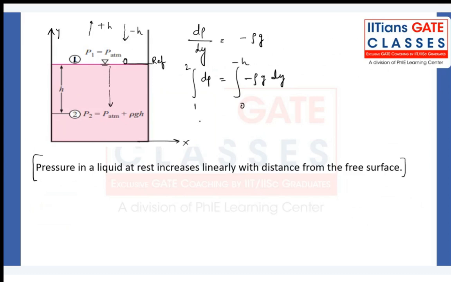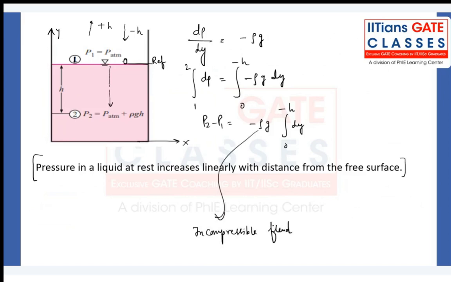So we can write p2 minus p1 equals minus rho g integration dy from 0 to minus h. Remember, you can take the rho outside the integration only when it is an incompressible fluid, or when the density is not varying with height. So we get minus rho g times minus h, which gives p2 minus p1 equals rho gh.